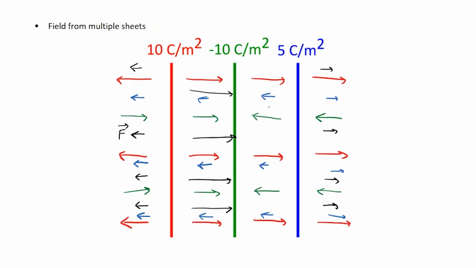And then for this one, you see that the red arrow and green arrow cancel. So you're actually left with just the blue arrow here. So you see how the symmetry is not the same. It doesn't look symmetric around this sheet anymore.